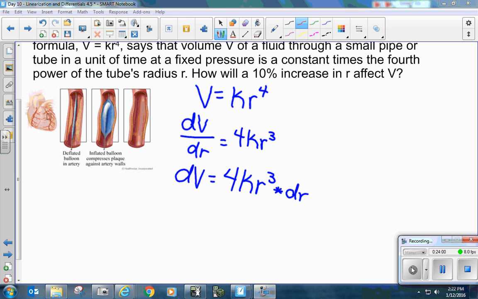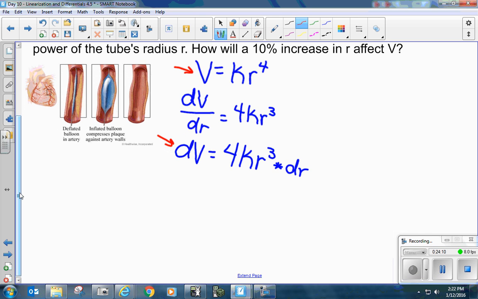How will a 10% increase in R affect V? So we're going to figure out how this is going to have an effect on this, percentage-wise. All right, well, a percent is really a fraction. It's a ratio, isn't it? With respect to V. So, what is dV?